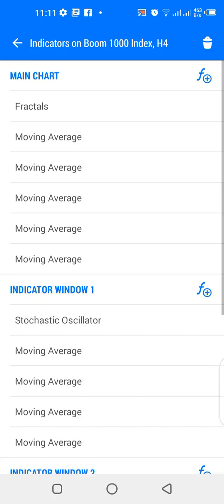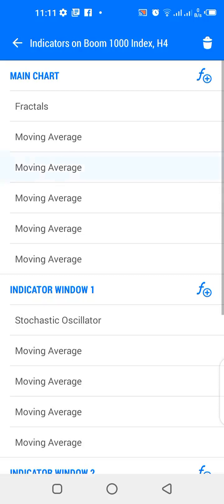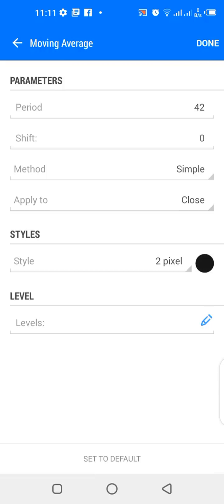Still on the main window, I have moving average. Now I have 40 period moving average. Shift is 0. Method is simple. Apply to close, and the color is green. I also have 42 period moving average. Shift is 0.